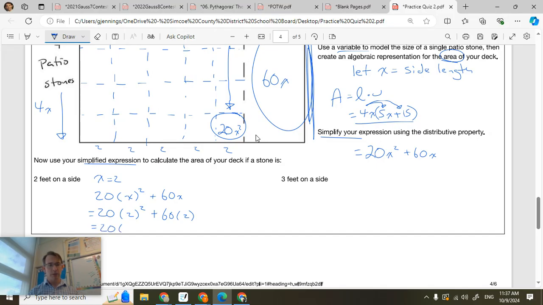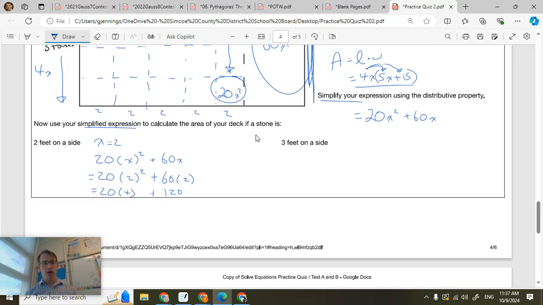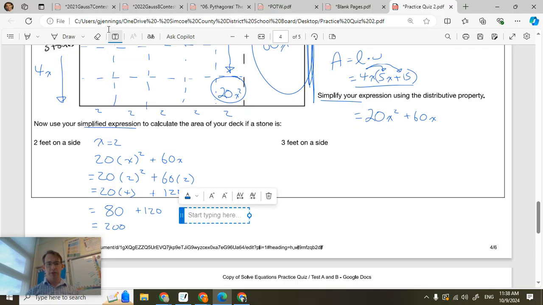So this is 20 times 4 plus 60 times 2 is 120. 20 times 4 happens to be 80. 80 plus 120 happens to be 200. This was a word problem, so give me some words. If the patio stones are 2 feet per side, then the whole patio is 200 feet square.